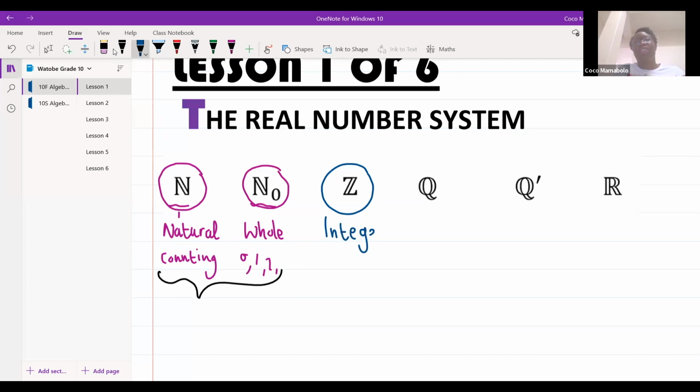Now, integers are going to include your negative and your positive numbers, but there is a very important distinction. I can have -2 as an answer, and I can have +3 as an answer. Those two things are integers. However, I cannot say -1.4 is an integer. That's completely wrong. It's not an integer.